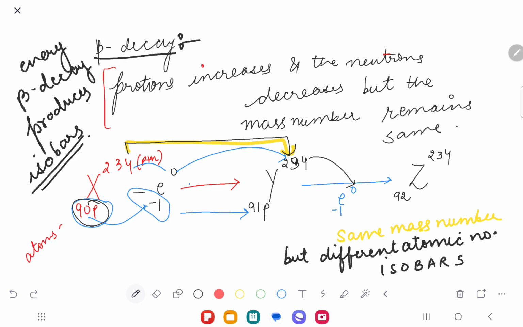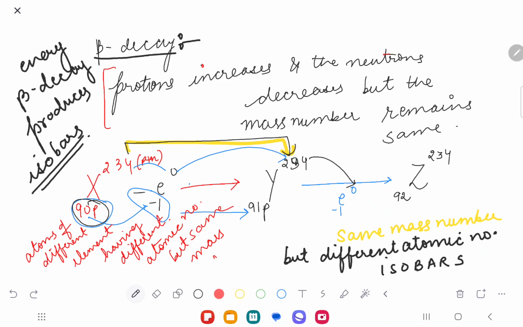Atoms of different elements having different atomic numbers but the same mass number. So that shall be my concept of isobars.